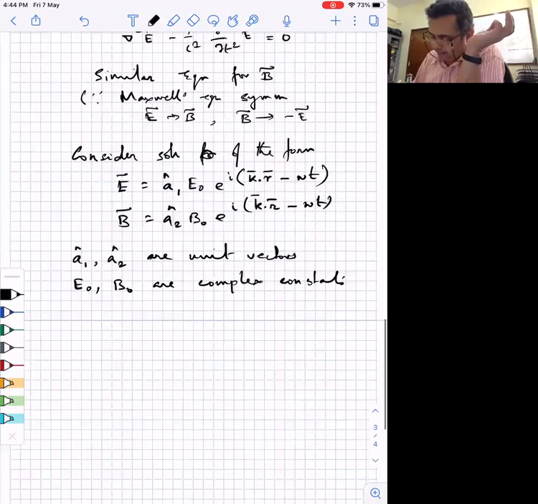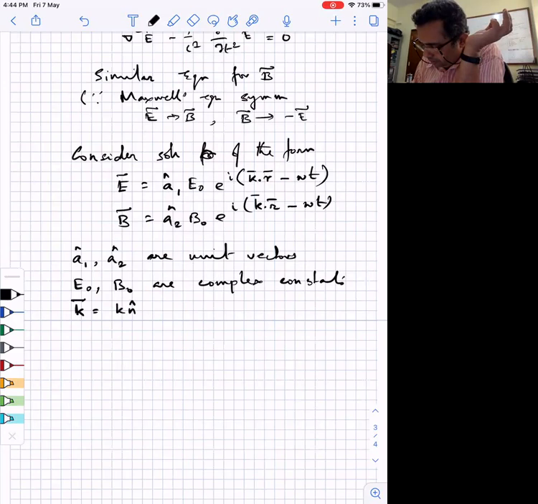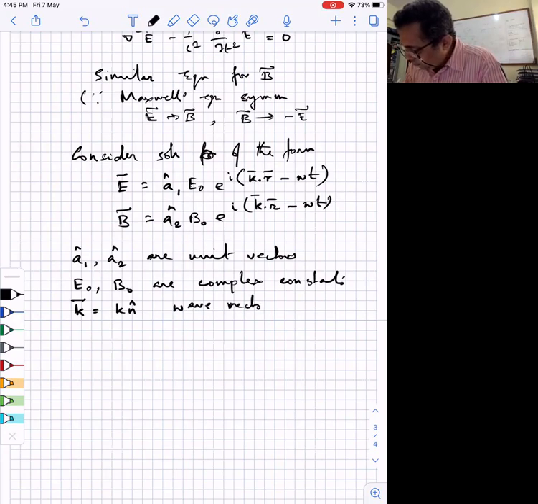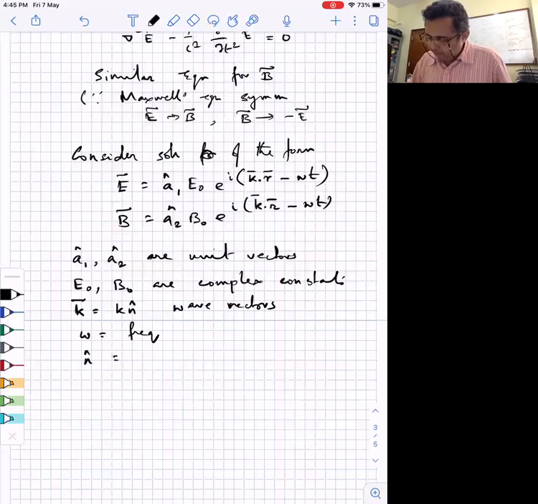Okay, my k vector is k times n cap. So this is the wave vector. n cap is the direction of propagation. Omega is basically the frequency.